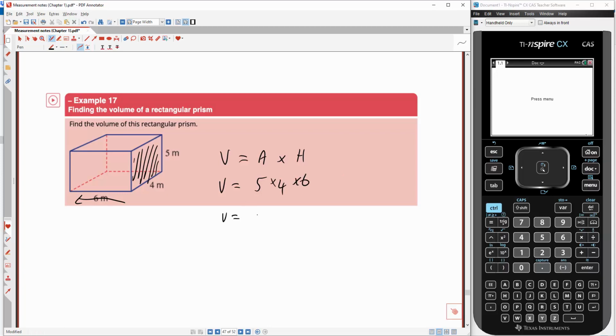Volume equals 5 times 4, which is 20, times 6. Volume equals 120 meters cubed, because they're cube units. So get that example down into your books. You can pause the video here and write down your working out.